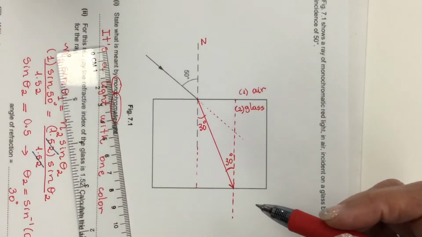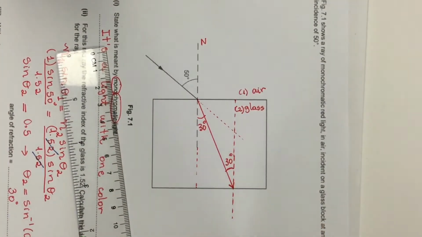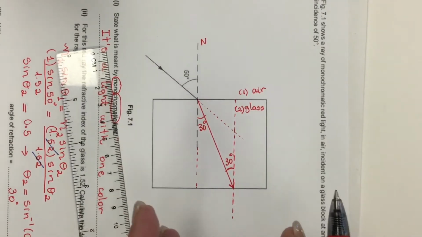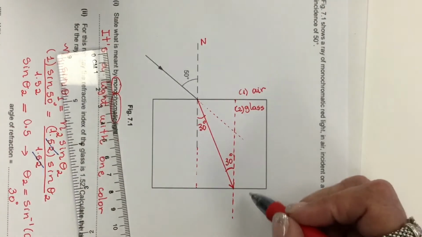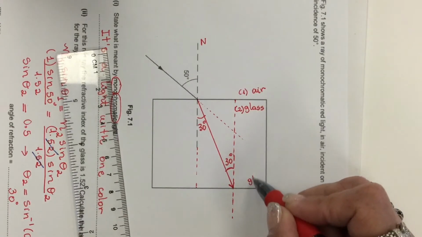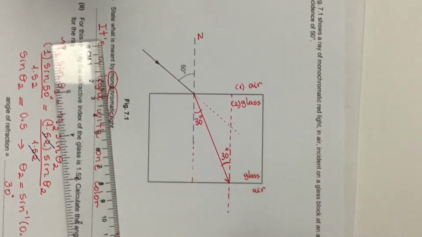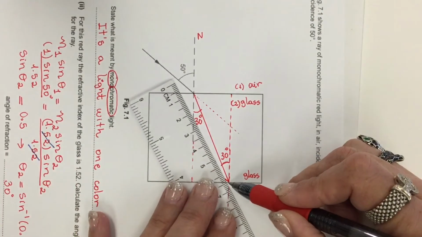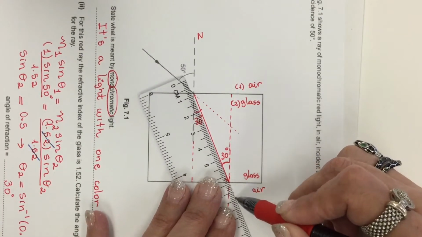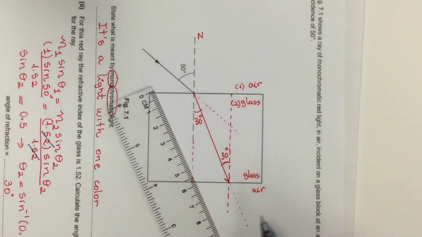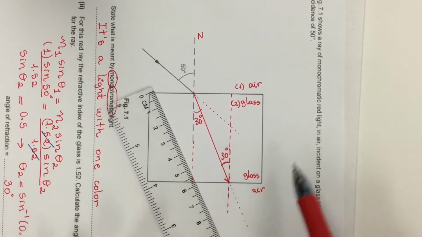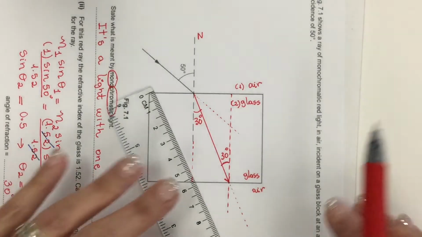So how am I going to draw or sketch my refracted angle? I know this is glass, which is more dense, and this is air, which is less dense. For this reason, the refracted angle at this point is going to be away from the normal, because the angle is going to be greater.